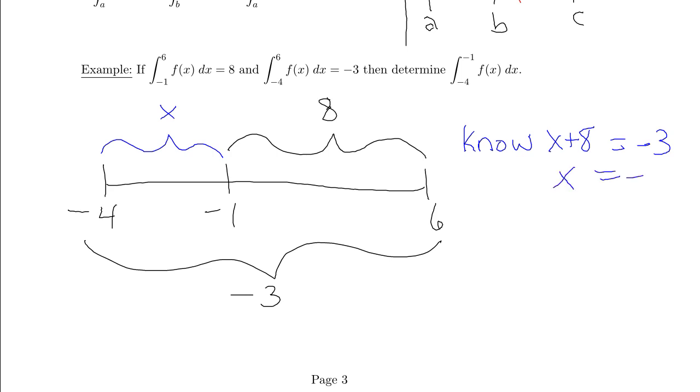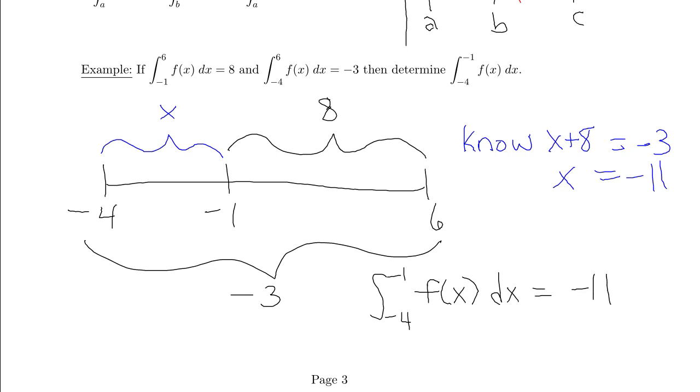So x is going to equal -11. So if that value of x there is an area of -11, and then I add it to the area of 8, the overall area would be -3, which is what we want. So to conclude my answer then, I would just say that the integral from -4 to -1 of f of x dx is equal to -11.